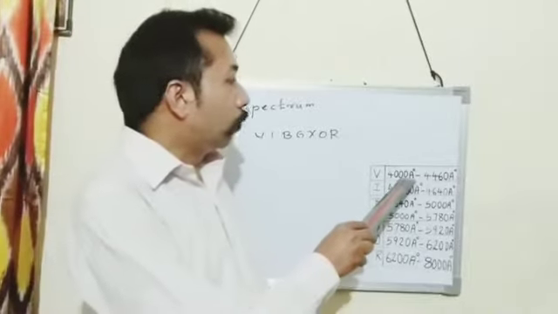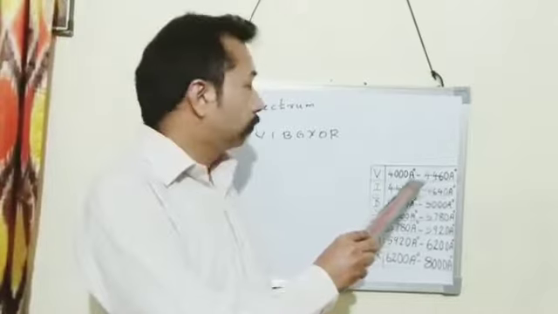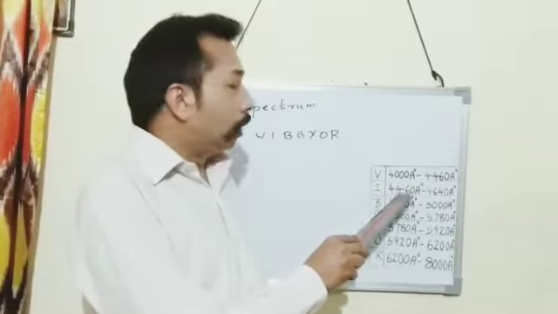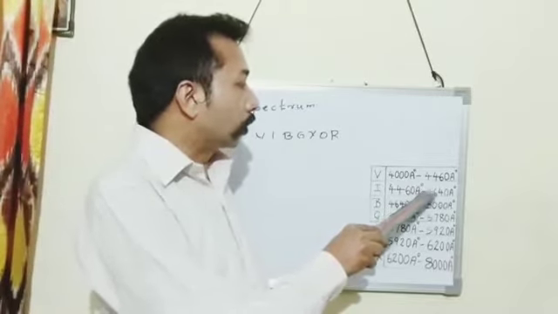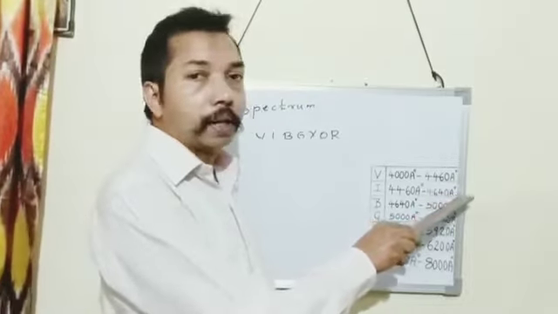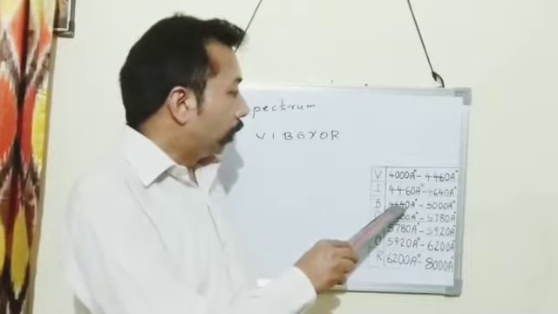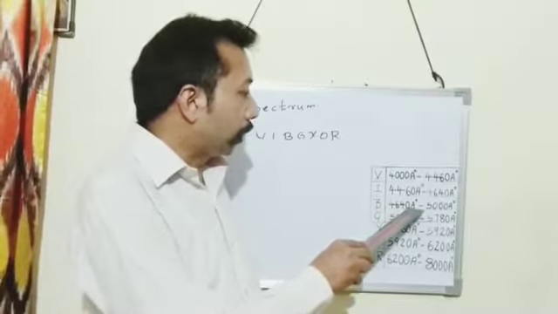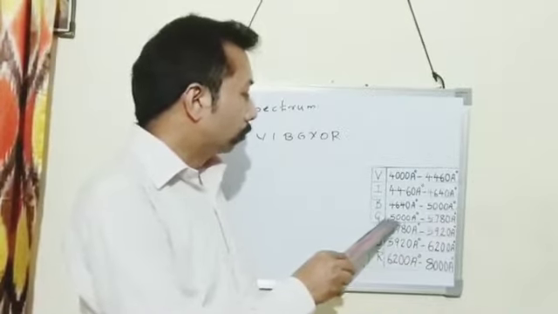Indigo has a wavelength of 4460 angstrom to 4640 angstrom. Blue has a wavelength range from 4640 angstrom to 5000 angstrom.